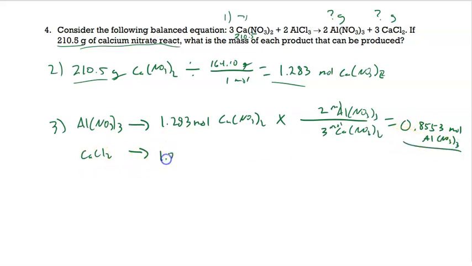And do the same thing down here, 1.283 moles Ca(NO3)2 times my mole ratio of calcium nitrate to calcium chloride, which is 3 to 3. So I'm actually going to end up with the same number.